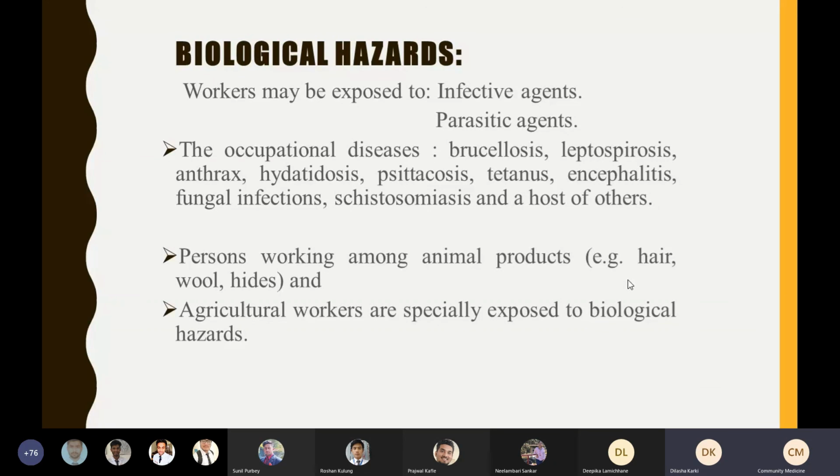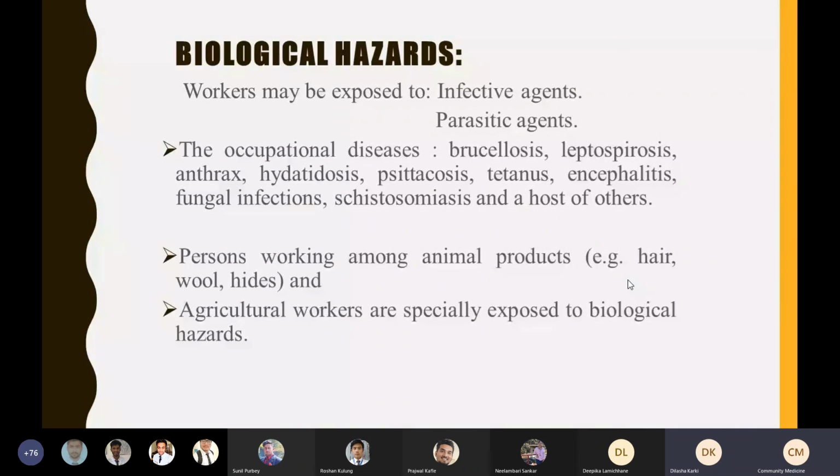Now next is the biological hazards. Workers might be exposed to different types of organisms, especially workers who work in the agriculture sector and who work in different types of labs.